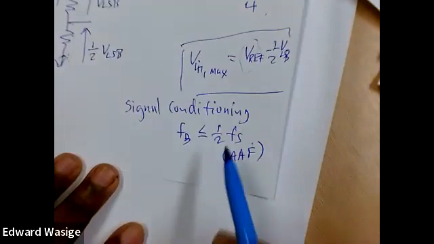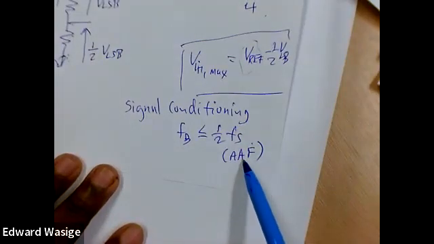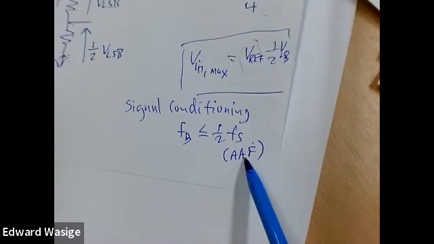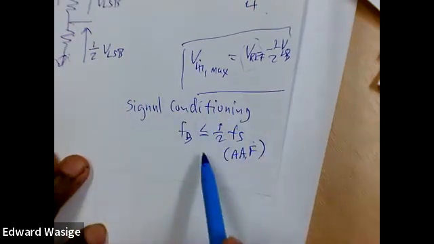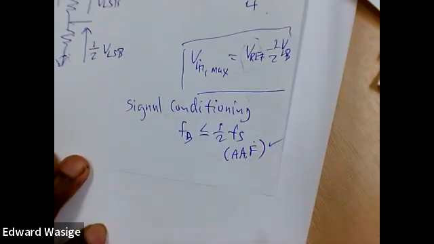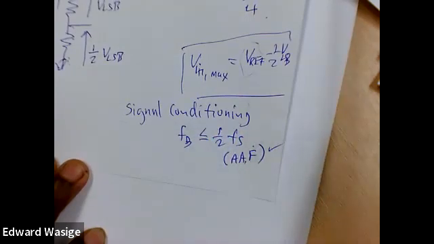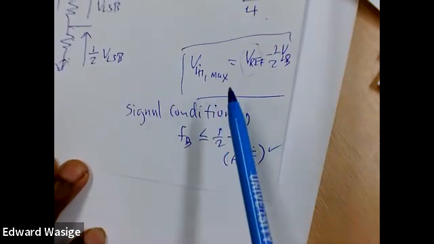We make sure we don't have any frequency components that are higher than what we need to digitize, because we know the signal that we are digitizing. So this signal conditioning is part of the anti-aliasing filtering that we have to do, so that higher frequency components are removed before we digitize.